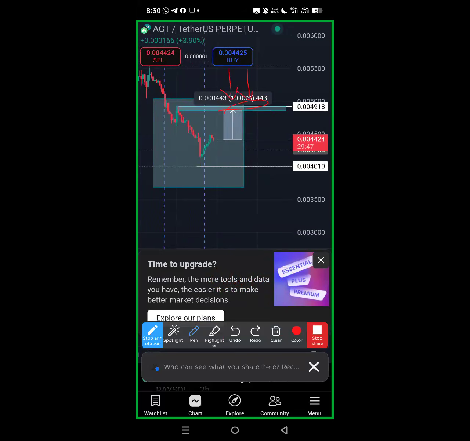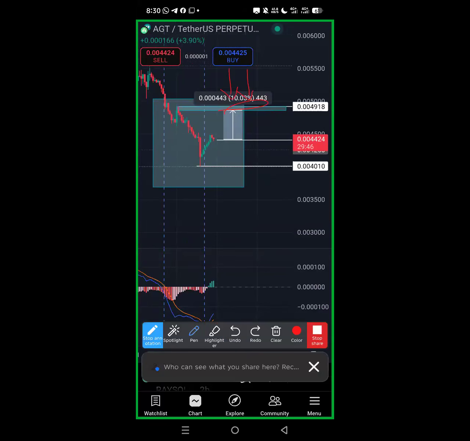As long as you see on the MACD indicator a decrease in momentum, depending on how the histogram is printed, if you see it reducing in size, that means the trend is losing momentum. So there's a very low chance of the price breaking above, and a high chance of a rejection.